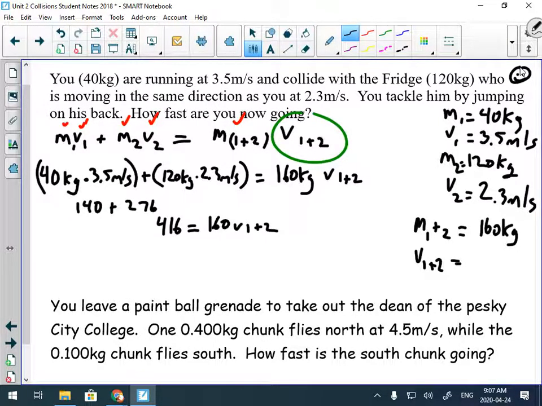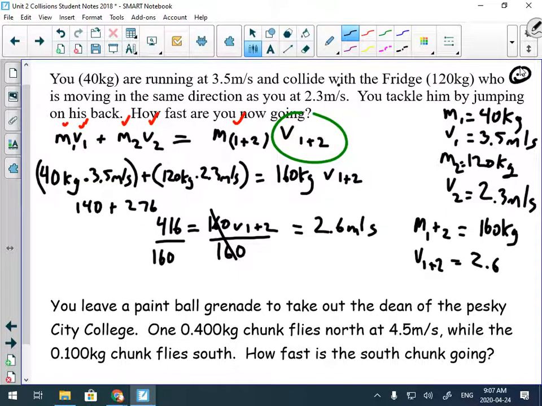Is equal to 160 times V1, V2. So in order to get V1, V2 by itself, I'm going to divide both sides by 160. So 416 divided by 160 gives me 2.6. And that is meters per second.